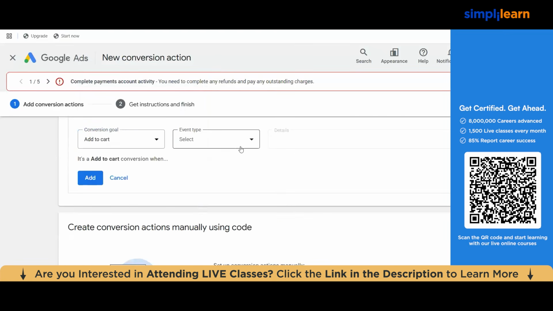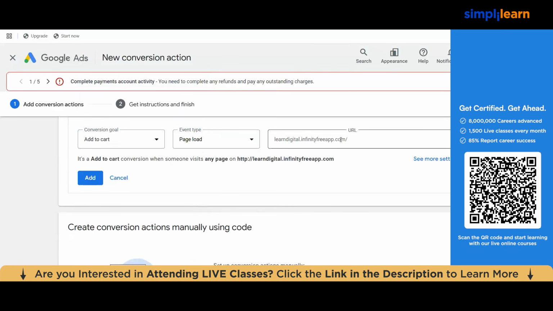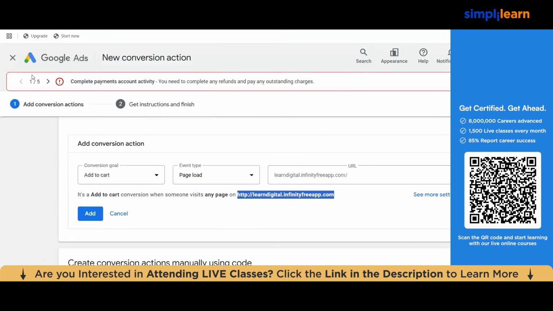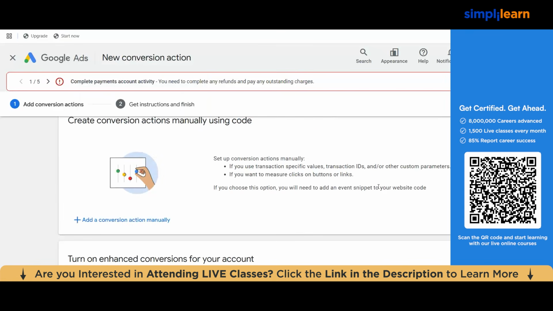Or add to cart, event type, page load, and this URL. So it's an add to cart conversion when somebody visits this page. Anyone visiting this page and clicking on add to cart for my advertisement, the pixel which I am creating will track that.